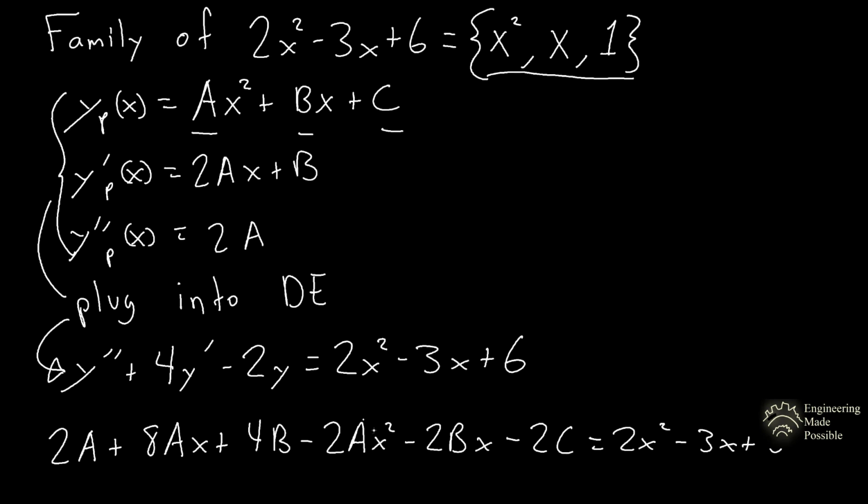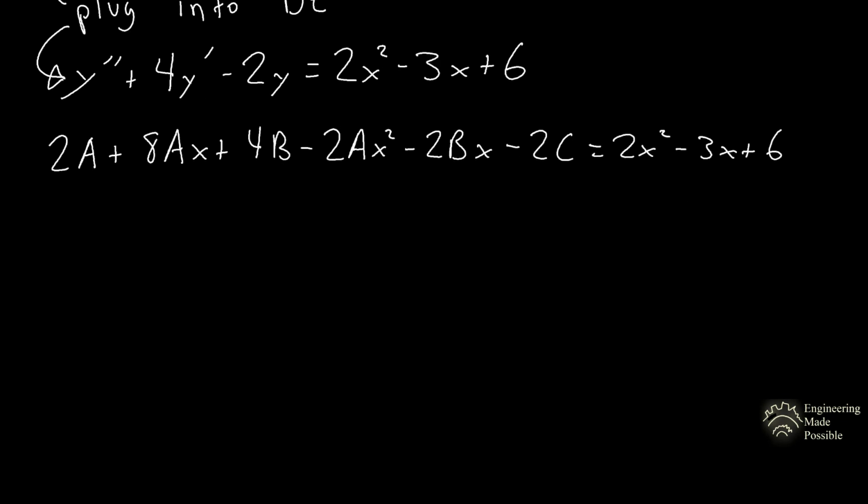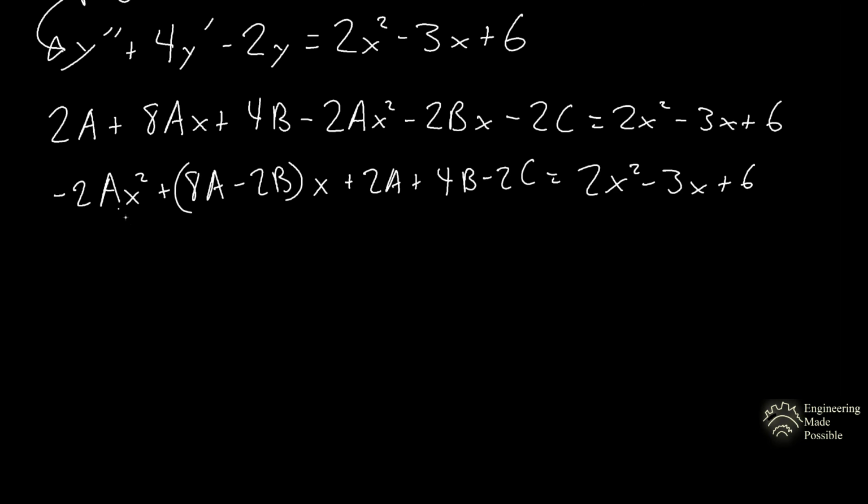Whenever you're able to distribute out like ax or ax squared, you're able to simplify the equation a little bit more. So this is exactly what we're going to be doing here. First, I changed some things around. I started with x squared: negative 2a x squared plus, in parentheses, 8a take away 2b, factoring out the x to simplify, plus 2a plus 4b take away 2c.